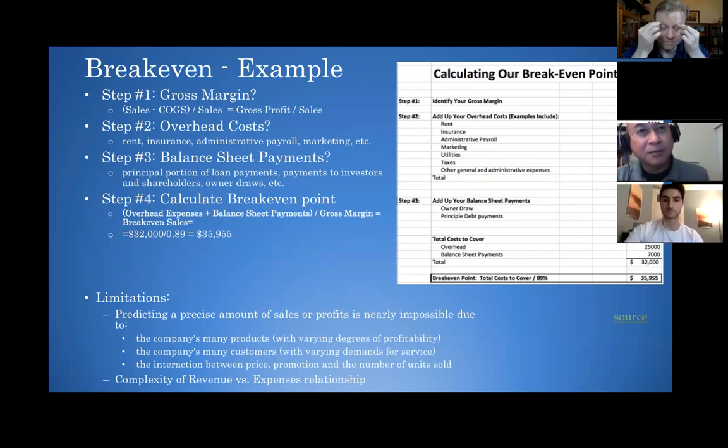Sometimes we forecast out 5 years, but then when is our break even? So we give ourselves a target of a year or 18 months, but again, it's all based on the assumptions and variables in play.